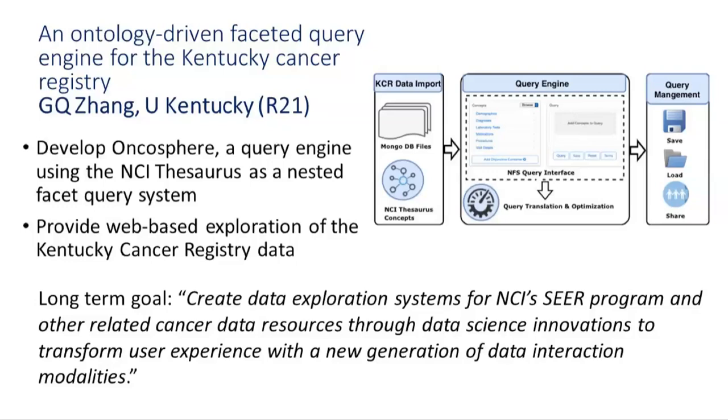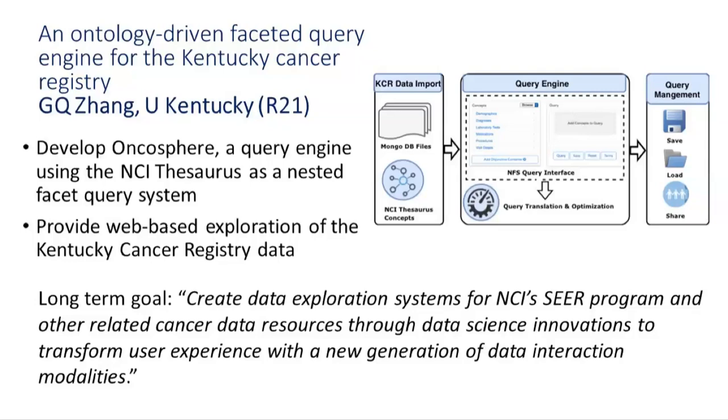And through this grant, Dr. Zhang is proposing to develop a tool called Oncosphere, which would be a query engine that would use the NCI thesaurus as a nested faceted query system toward the goal of providing a web-based exploration tool for the Kentucky Cancer Registry.